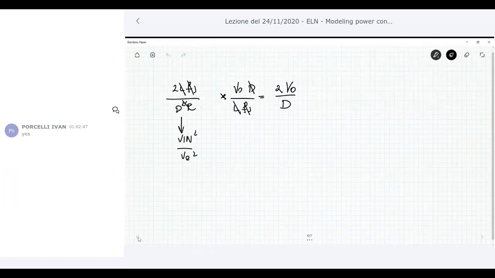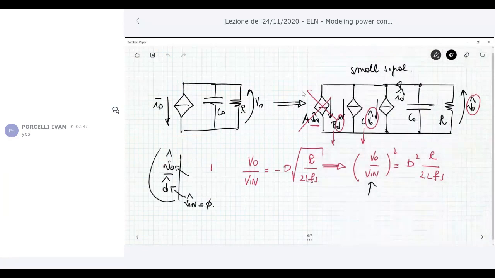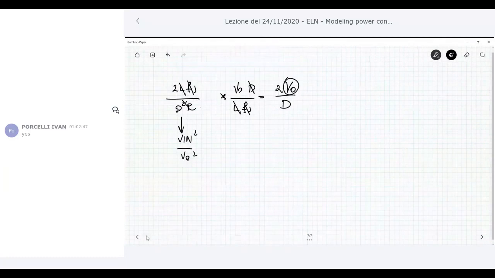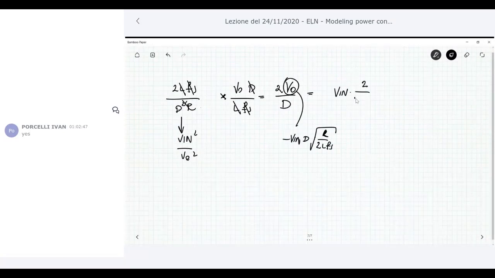Now V naught can be simply described in terms of minus D V in R over 2 L Fs. So you can replace V naught with that specific quantity, so V naught is negative V in D times R over 2 L Fs, and you get the result, which comes out as V in over 2 L Fs.